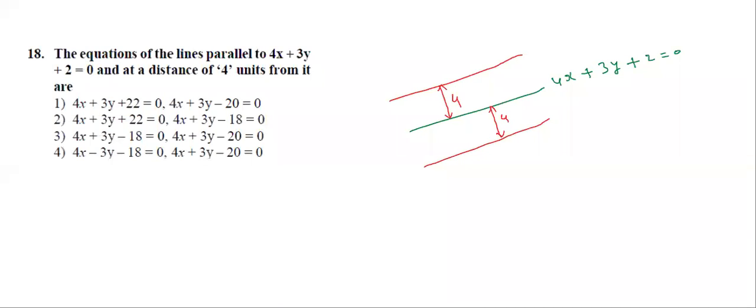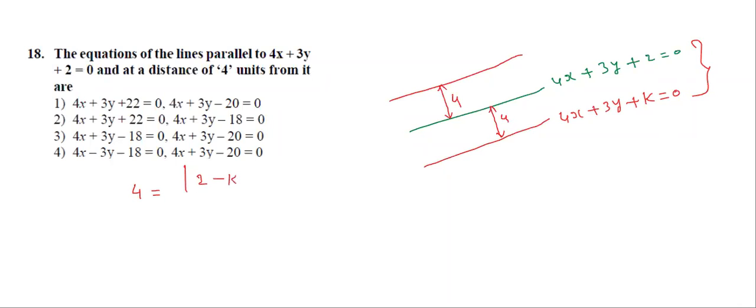Now take the parallel line, 4x plus 3y plus k is equal to 0. Here k is need. So distance between parallel lines already given 4 units. 4 units is equal to, apply the formula, distance between two parallel lines.